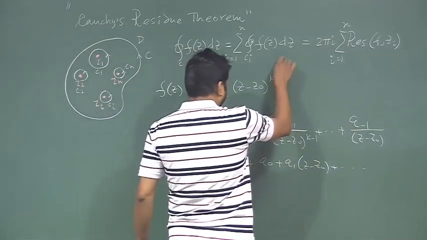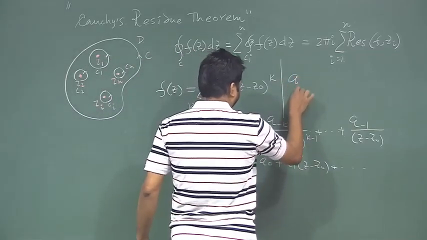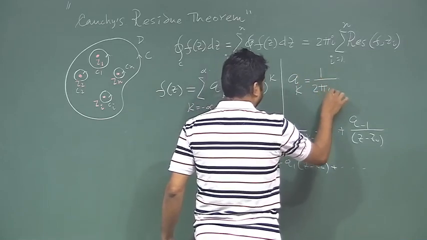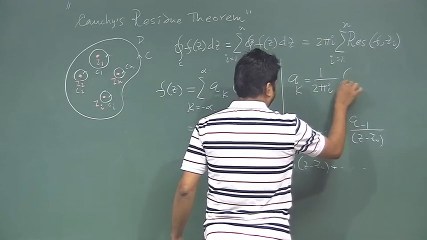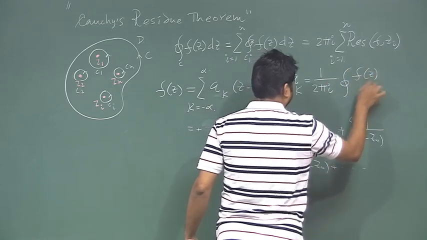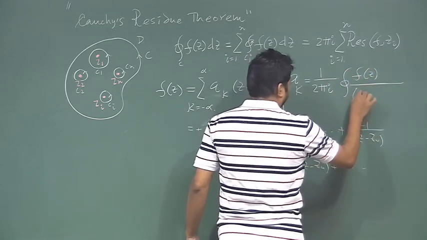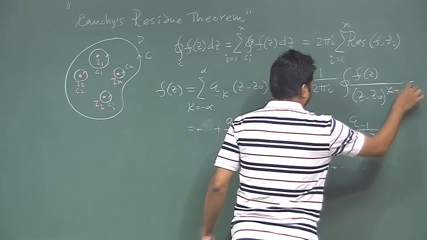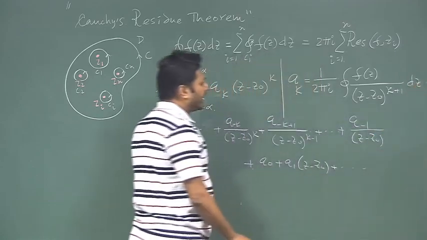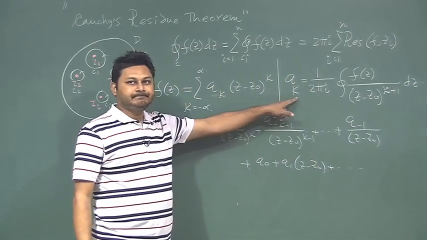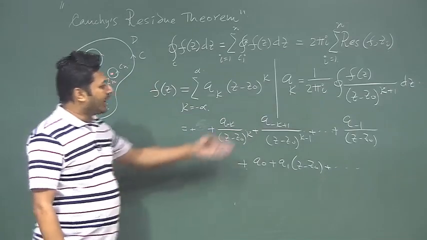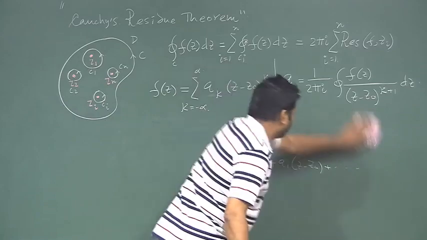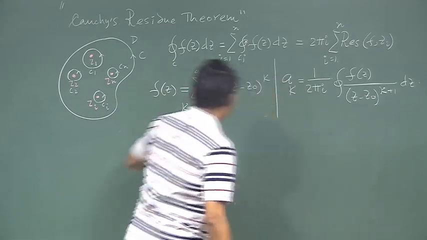The value of a k, if you remember, was 1 by 2 pi i times the integration of f(z) over (z minus z0) to the power k plus 1 dz. That was the value of a k. Once I have the value of a k in my hand, I can put the value of k.